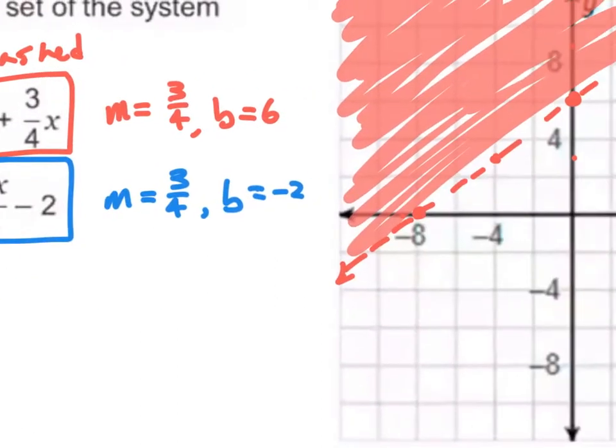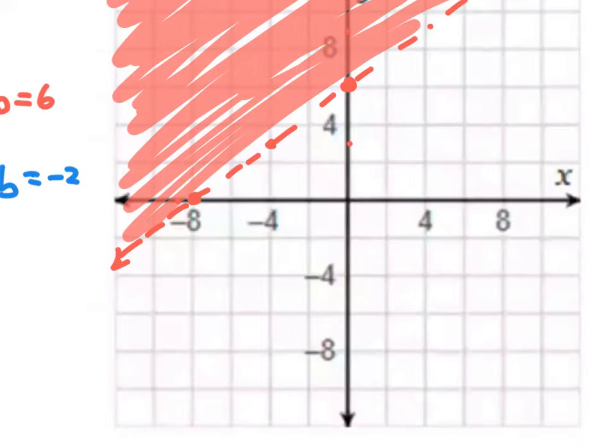So -2 is here, and then I'm going to go up 3 over 4, up 3 again over 4, and down 3 over 4, down 3 over 4. And I'm going to color that in.